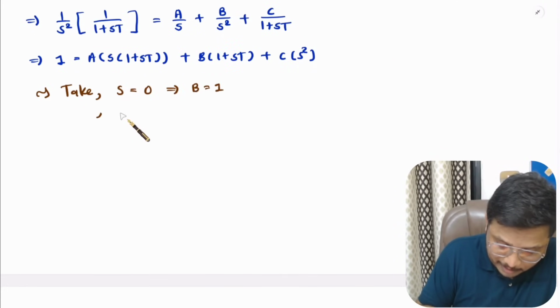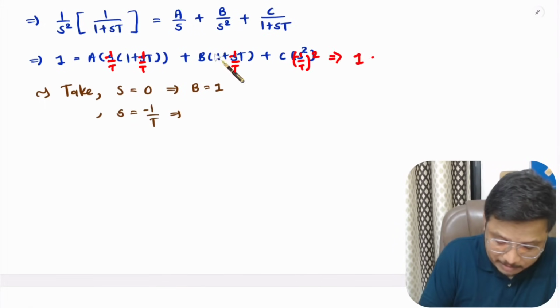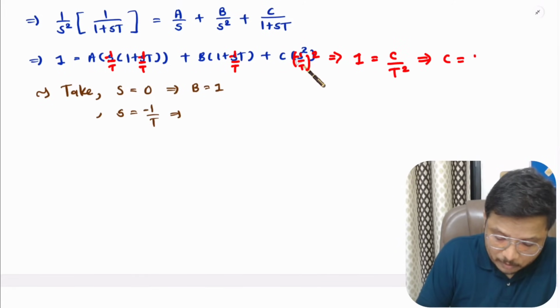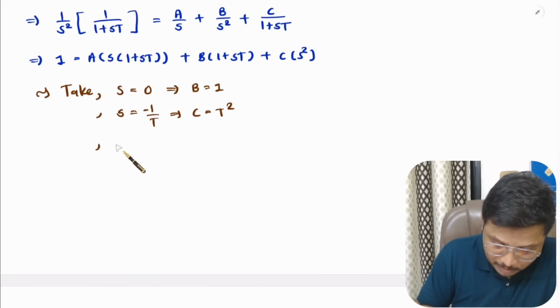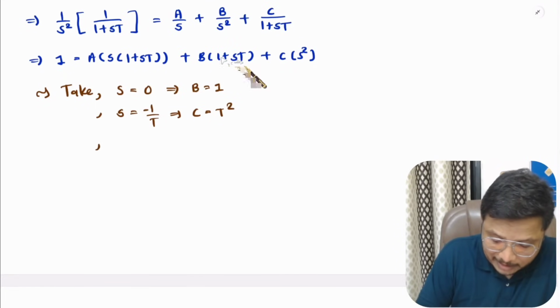Here if you take S equal to minus 1 by T, what will happen? This term and this term will be 0. So minus 1 by T square, that will be 1 by T square, is equal to 1, which means C is equal to T square.